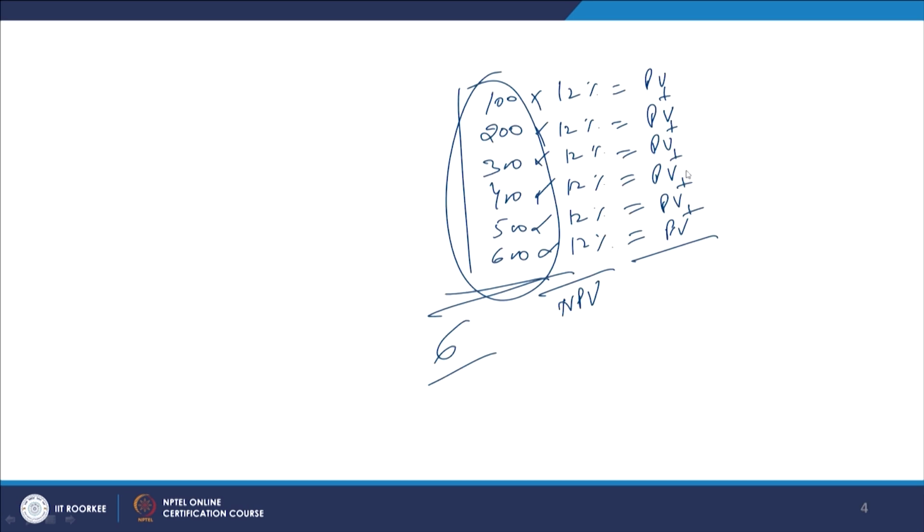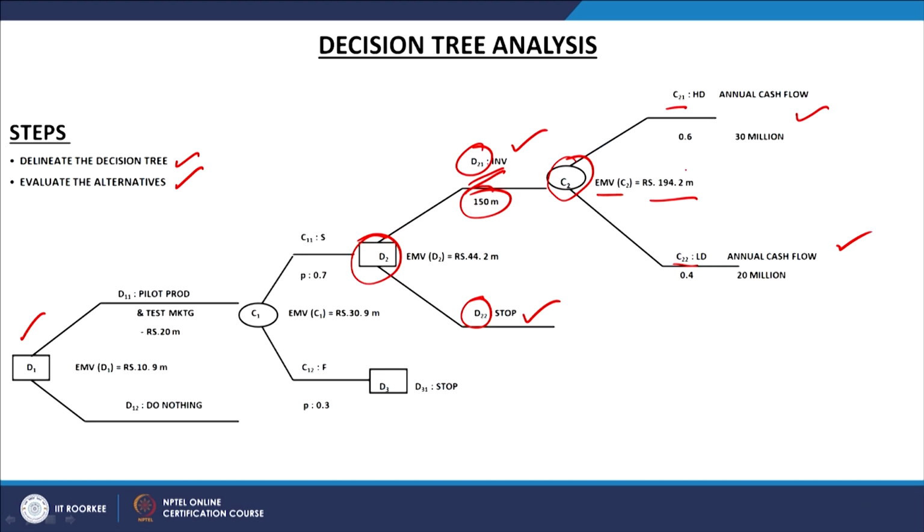Now we have developed the decision tree here, and we should look at this decision tree. We started with D1. First step is to delineate the decision tree, draw the decision tree. Second is to evaluate the alternatives. Let us discuss how it has been drawn.